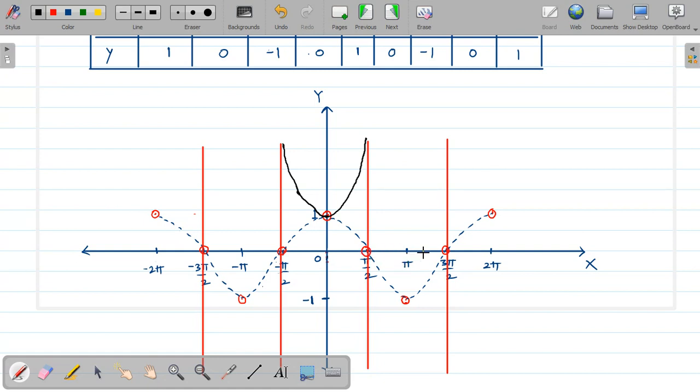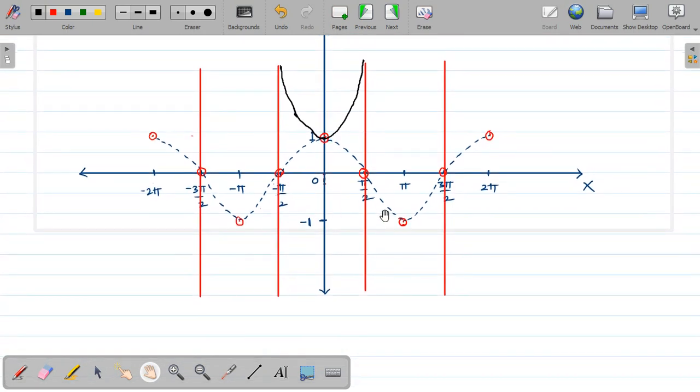Now similarly here if you observe, from pi by 2 to 3 pi by 2, for pi by 2 sec function is infinity, and for 3 pi by 2 also sec function is infinity. But as we know that cos pi is minus 1, sec pi is also minus 1. Now from pi by 2 to pi, cos function is decreasing. See here, cos function is decreasing from pi by 2 to pi. So sec function will be increasing.